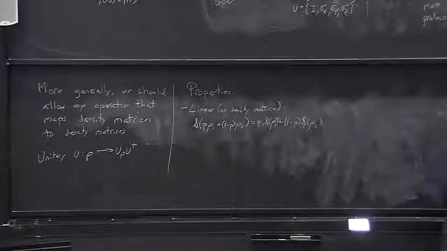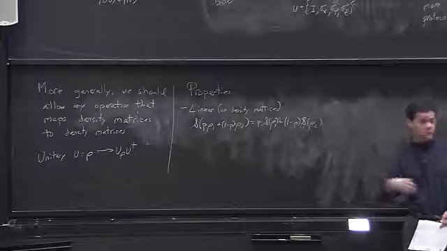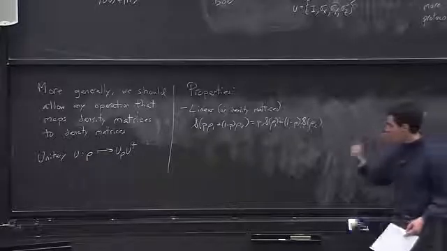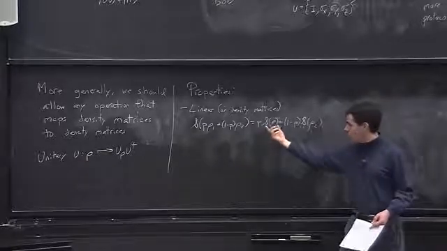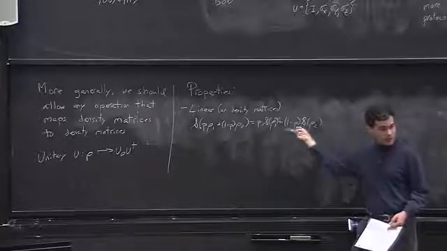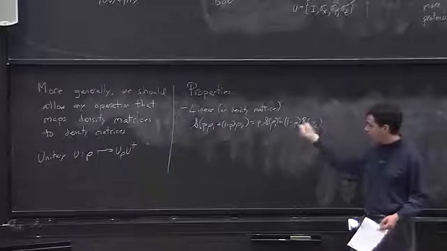So if we have rho 1, then the density matrix we should get after doing S should be S of rho 1, and that's still true with probability P. If we started with rho 2, then after doing S we should have S of rho 2, and that happens with probability 1 minus P. So the output is, with probability P, S of rho 1, and with probability 1 minus P, S of rho 2. So that's this density matrix. OK? So S has to be linear.